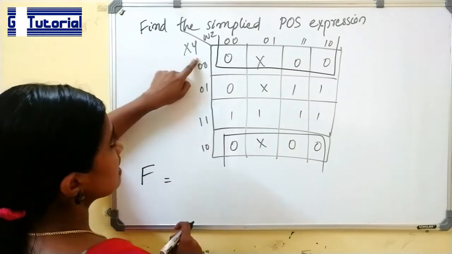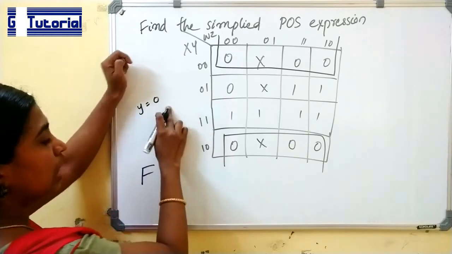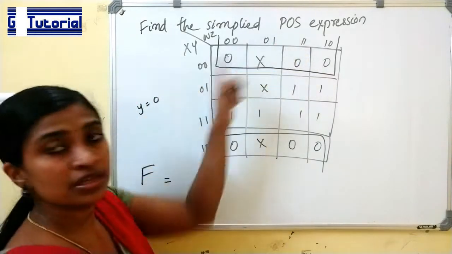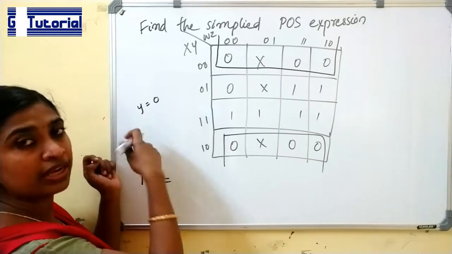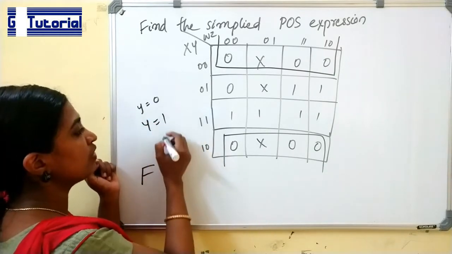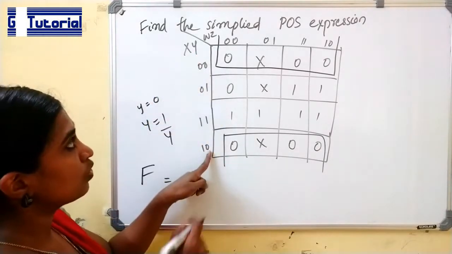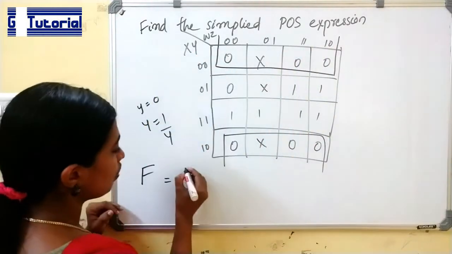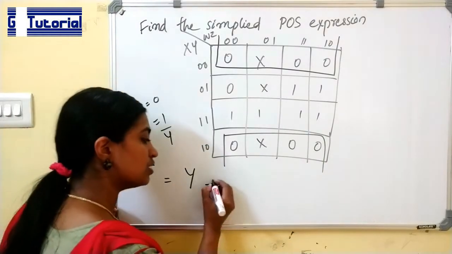So y is not changing. So the value of y is 0. And in case of POS expression, when the value is 0, we are taking it as that variable itself. And in case when y is 1, we are taking it as y bar. So here y is 0. For this octet, the value of output is y and the value of y is 0, so we are taking it as y itself.